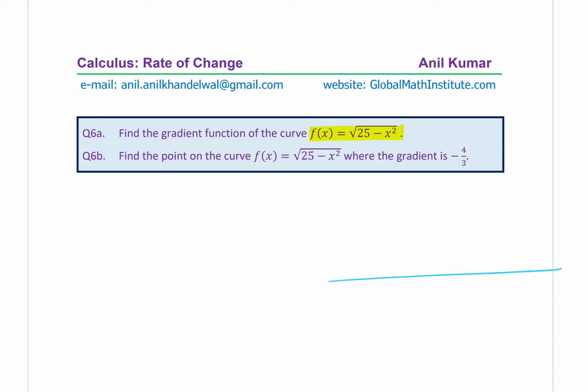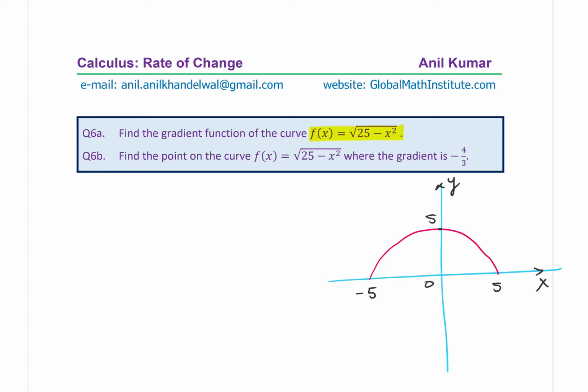So let's say this is our x and y axis. If I have to sketch this, it is actually a semicircle, right? It is a semicircle where the x values will be plus and minus 5. If x is 0, the square root of 25 is 5, so this point is 5, and that is how the function is going to be.